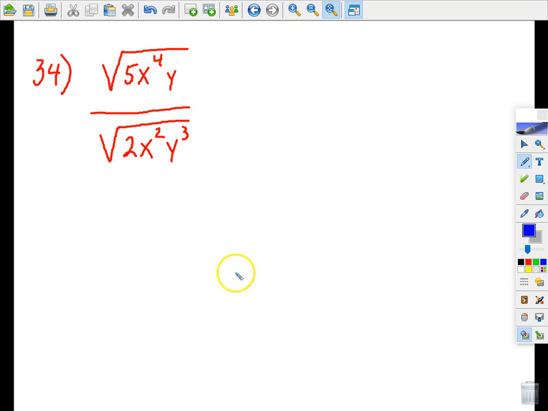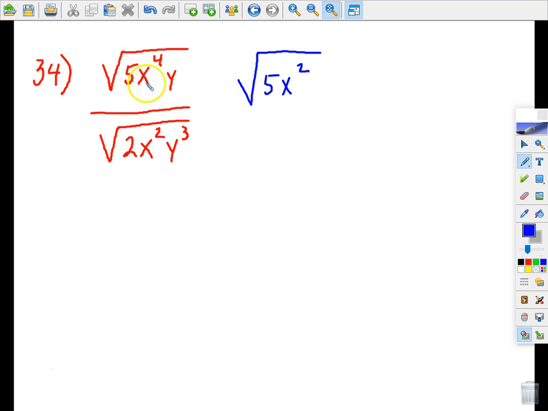All right, I think I've got one more for you. And once again, you could cancel here as well if you like. You could, in other words, make this become the square root of 5x squared.